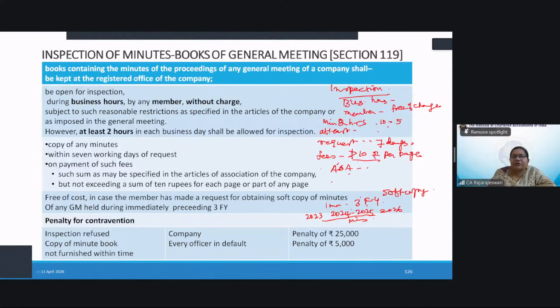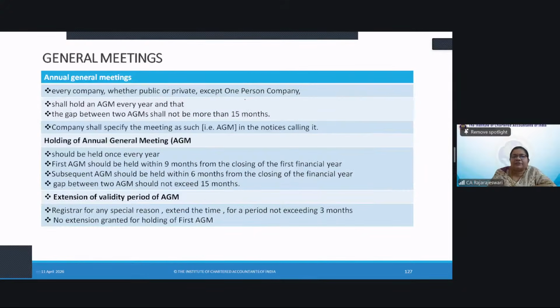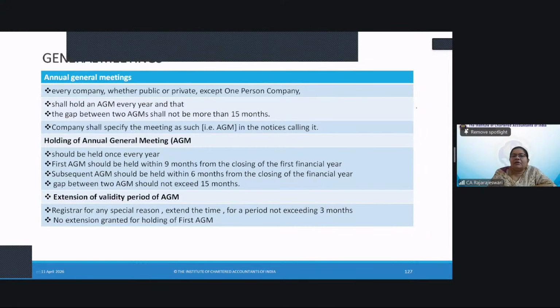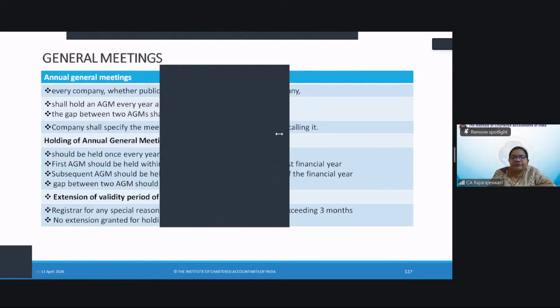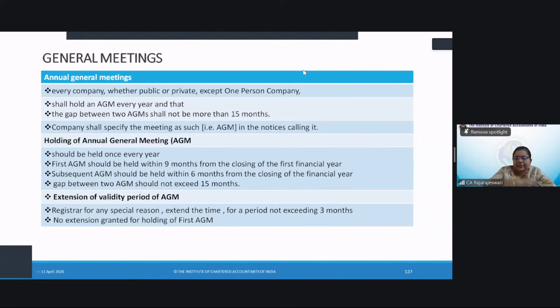This is inspection of minute books of general meetings. If the member specifies that the company is not allowing inspection, then it will be an issue and the penalty is payable by the company.